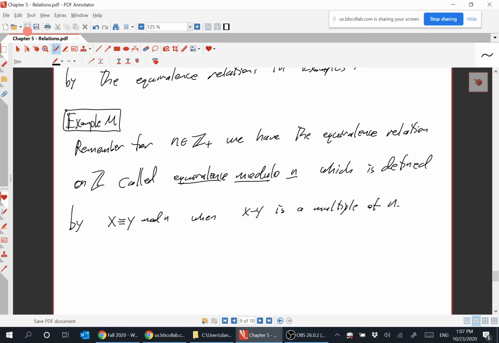So x is equivalent to y mod n when x minus y is a multiple of n.